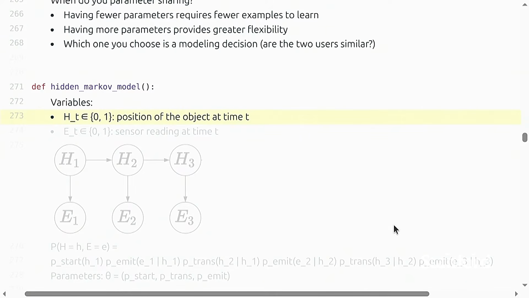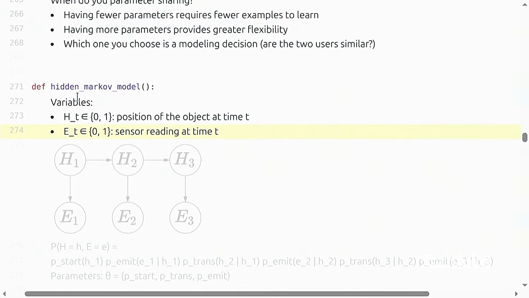One is a set of hidden variables, h1 through ht, which might be the position of an object at time t, and then the observation or evidence or emission, et, which you can think about as a sensor reading at time t.